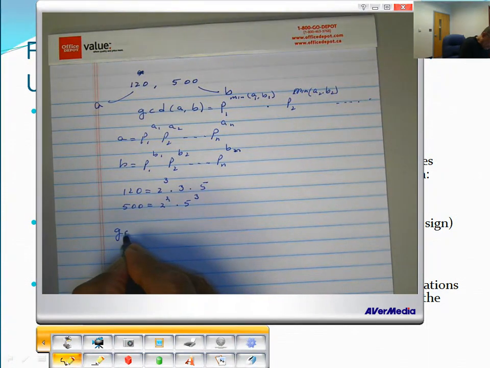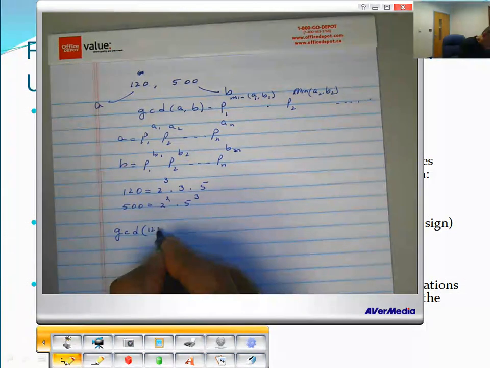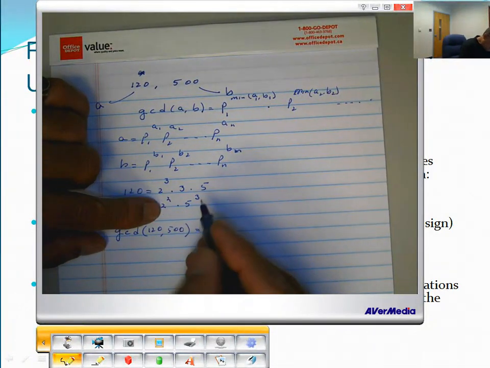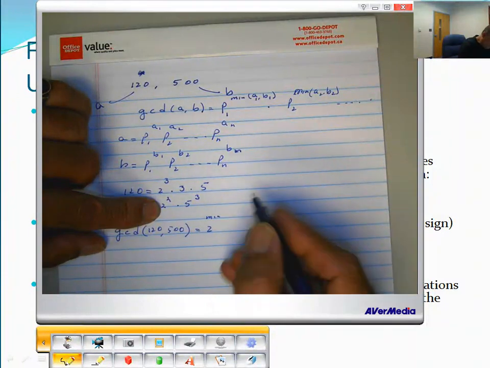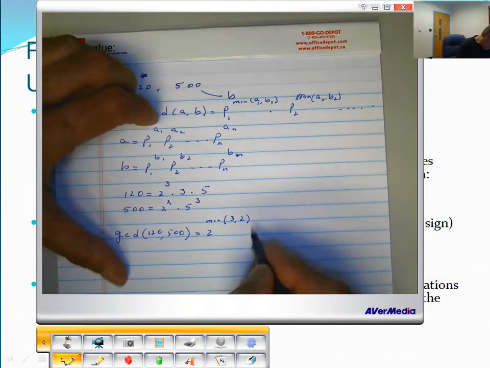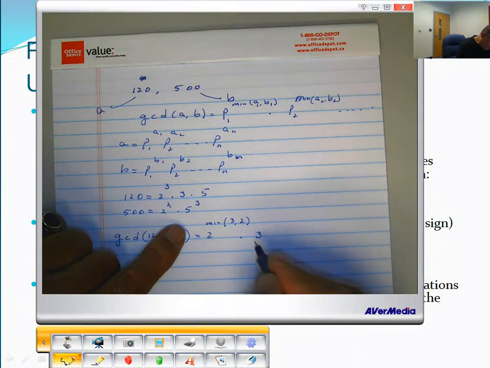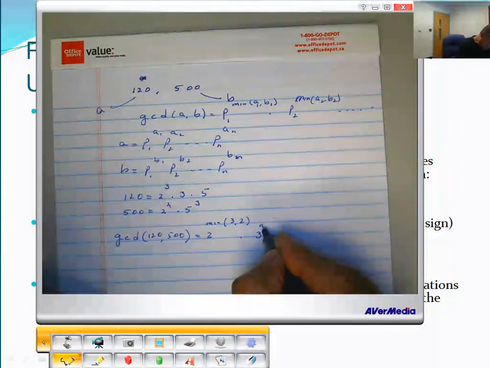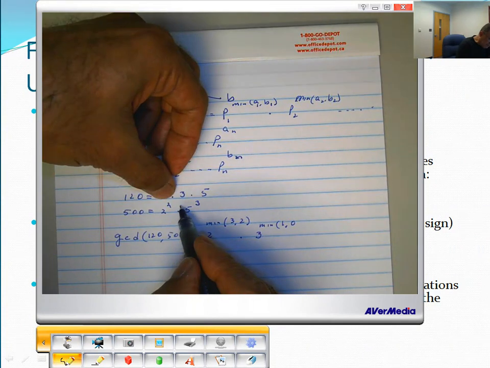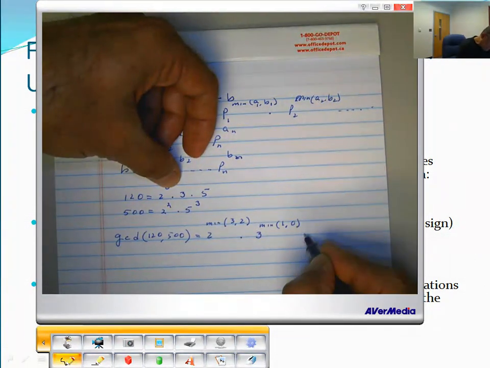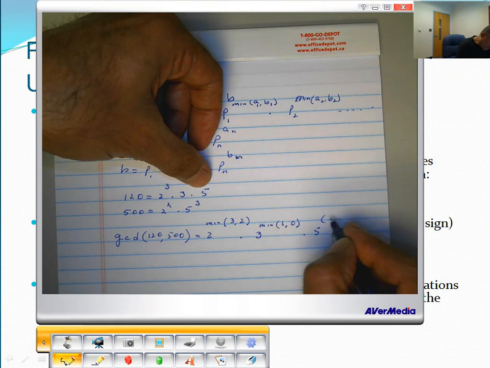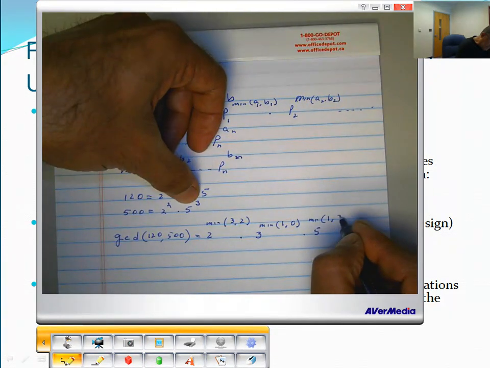So the greatest common divisor of 120 and 500 is equal to P1, here it is 2, to the minimum of 3 and 2, because here the power is 3 and here the power is 2, multiplied by P2, it's 3, and the minimum of the power here is 1, power here is 0, because it is to the power of 0 that becomes 1 and it doesn't show up, times 5 is your P3, 5 to the minimum of 1 and 3.